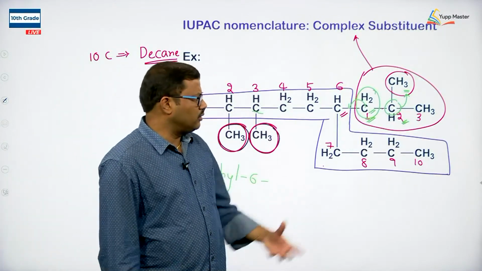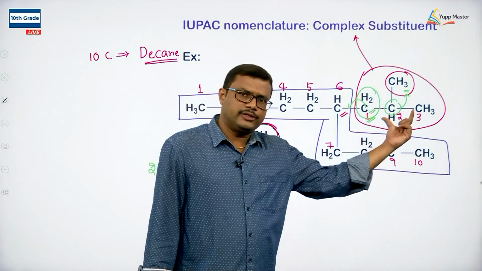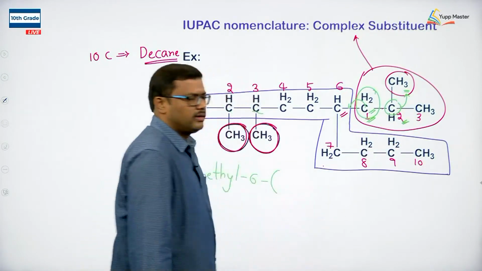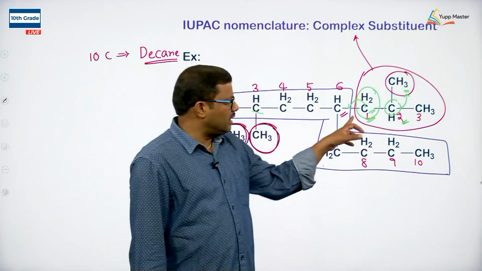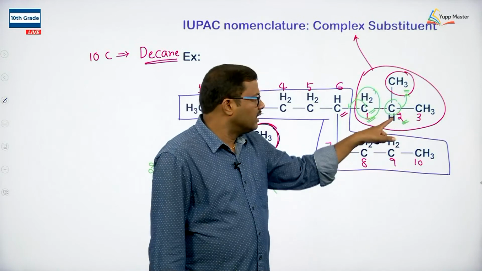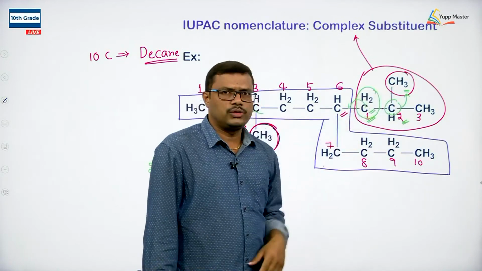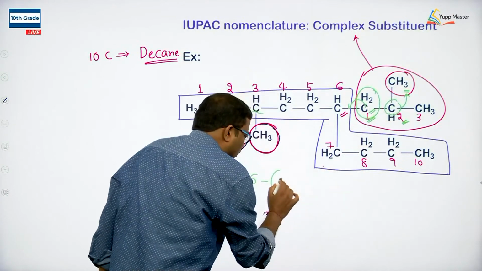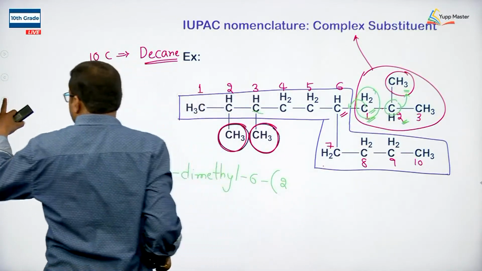As I already told you, the complex substituent name has to be written within the bracket. So I am writing the bracket now, and again when you observe the numbering in this carbon chain within the complex substituent, second carbon has the substitution, so it is methyl. So at second position we have methyl.